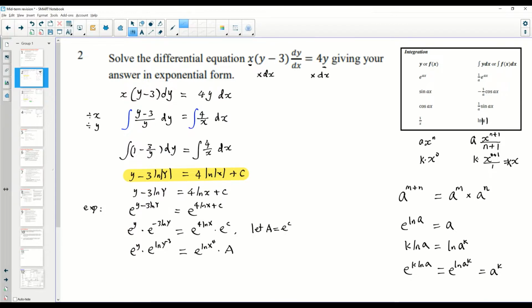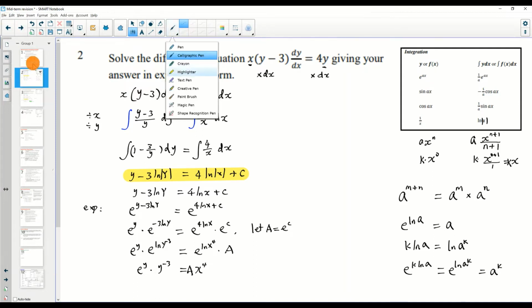Okay, now all the logs can be gotten rid of. So e to the y times e, no more e, sorry. Log and e cancel, and we have y to the minus 3 power equals x to the 4th power times the constant.